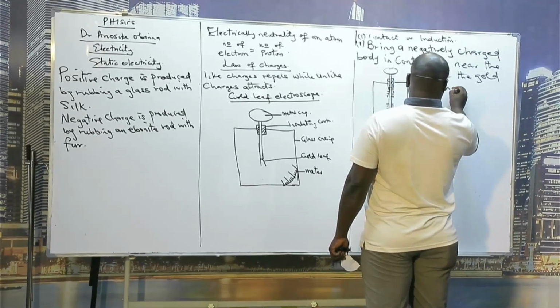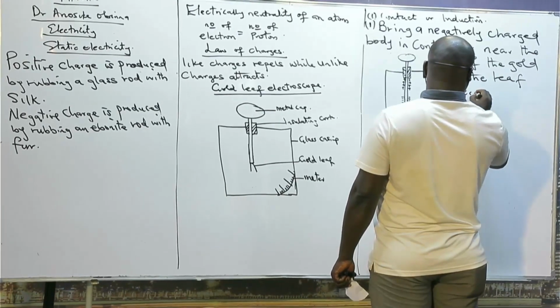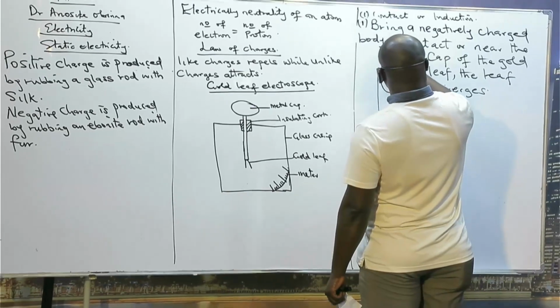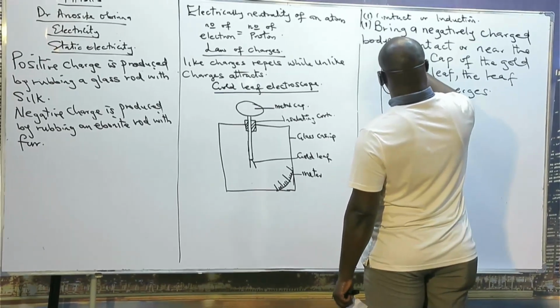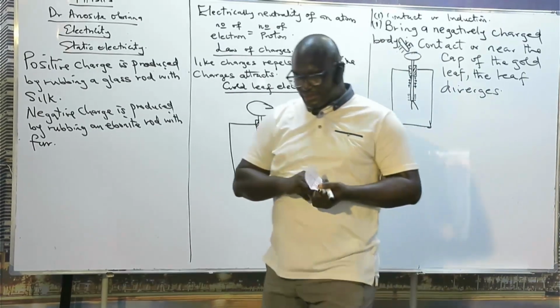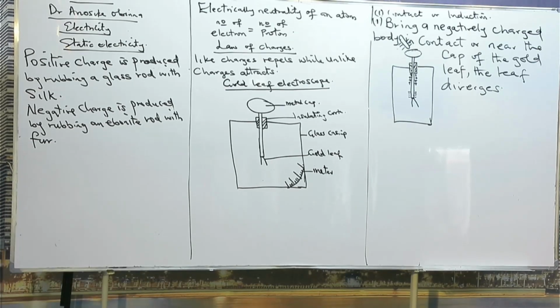We say the leaf diverges. Once you bring it close, the leaf diverges.